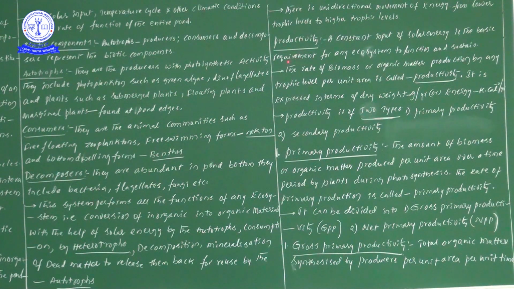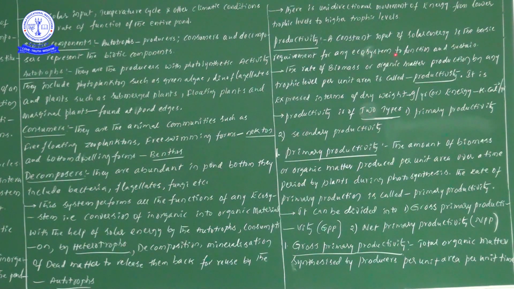Important point: the availability of sunlight, or the input of solar energy, is the basic requirement for any ecosystem. Whichever ecosystem you take, it depends on solar energy. That's why the input of solar energy is considered the basic requirement of an ecosystem.